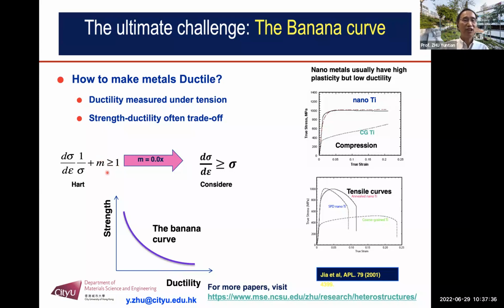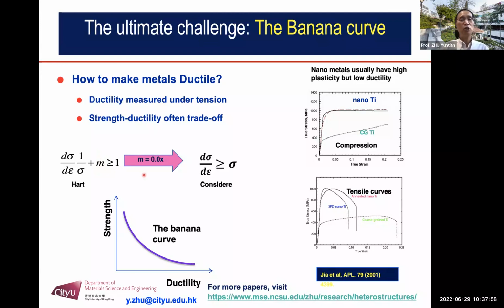This m is the strain rate sensitivity. This is especially important for deformation at high temperatures, when m is relatively large. Like for superplastic deformation, m is larger than 0.3.